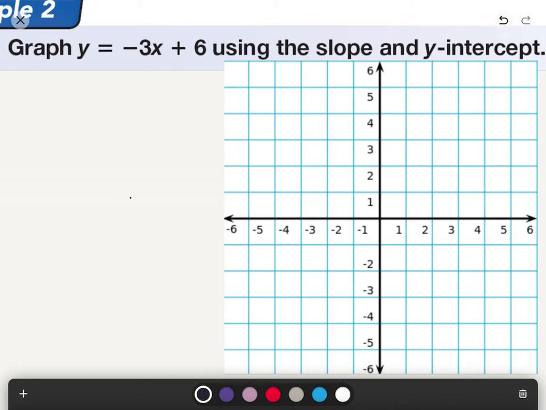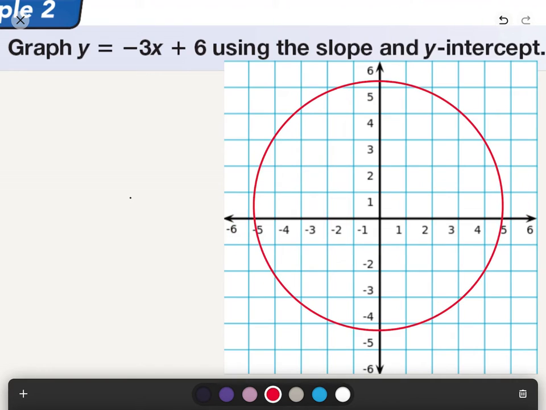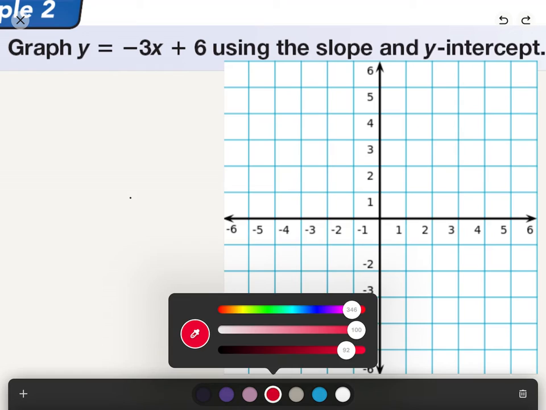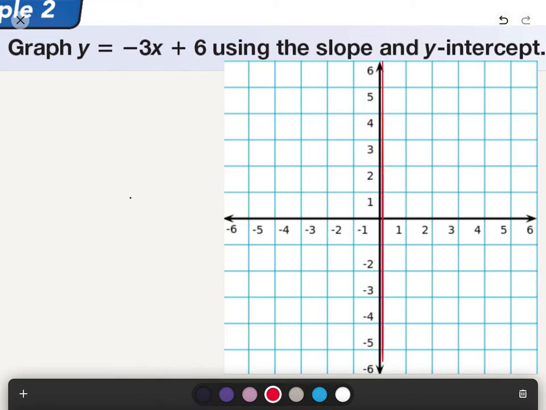So I'm just going to give you a minute to make your graph. So you should be drawing this. And then we will start out by saying, where on this line is the y going to be?